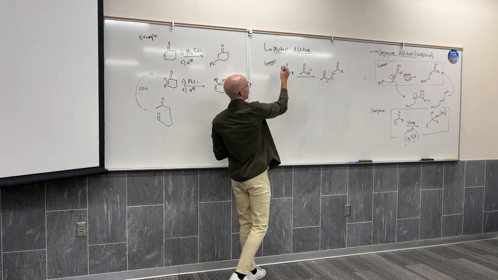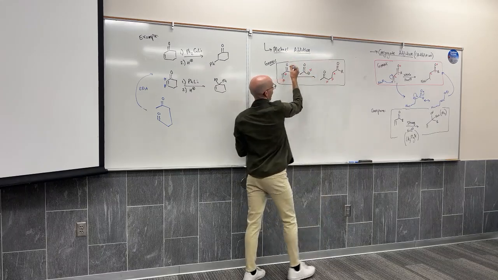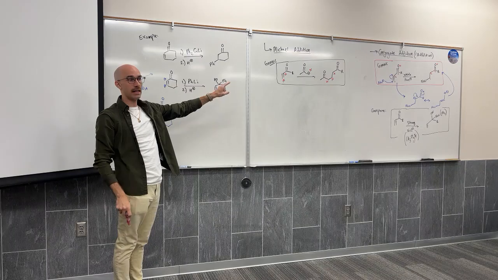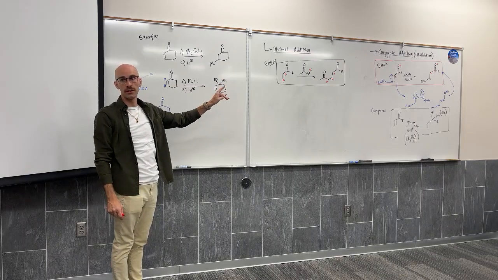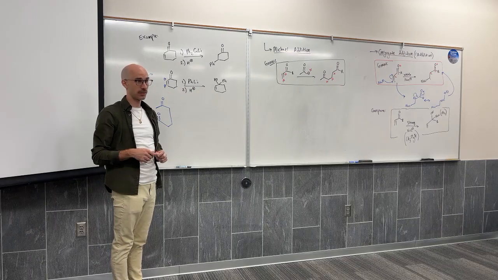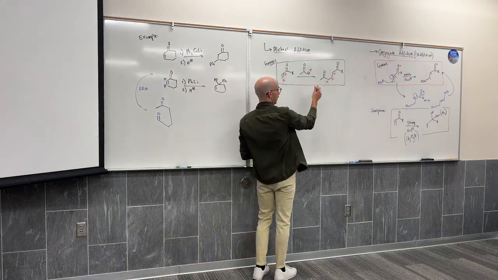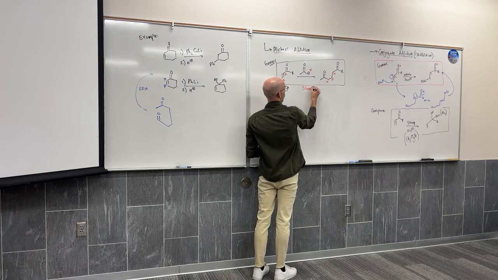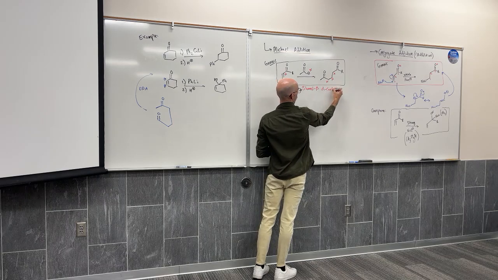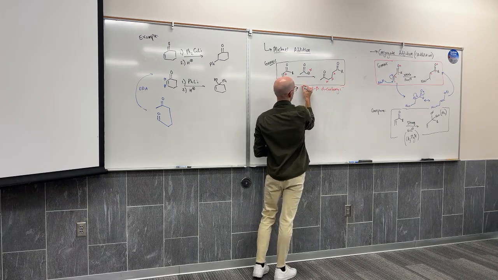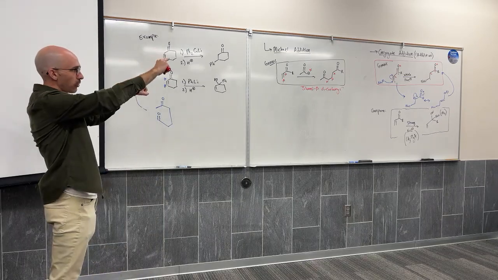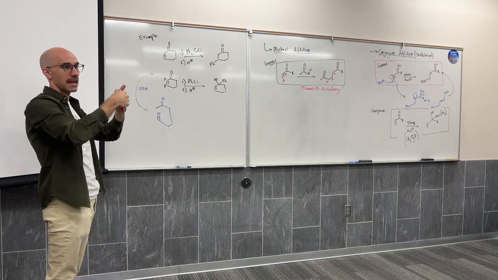Here's how I like to identify the functional group. This is not a beta keto carbonyl. This is not an alpha beta unsaturated carbonyl. This is not beta hydroxycarbonyl. The way that I like to identify this is what I called a shared beta dicarbonyl, because you'll notice both carbonyls have the same beta position.